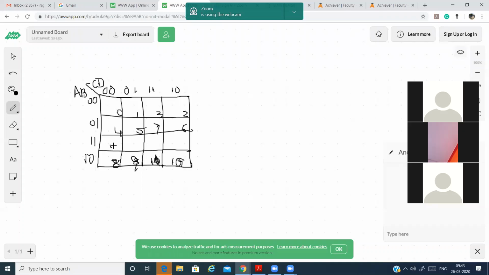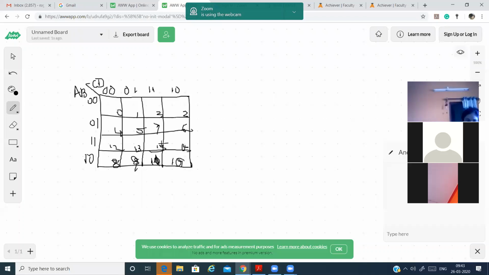Come back: 12, 13, 14, 15. I'll repeat it again. 0, 1, 2, 3, 4, 5, 6, 7, and directly jump to the last column: 8, 9, 10, 11. Come back: 12, 13, 14, 15.